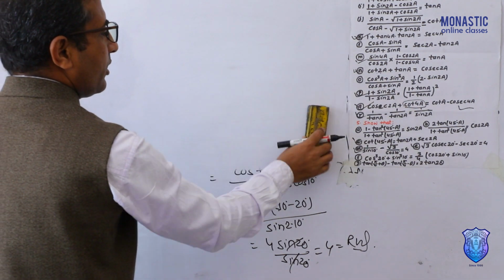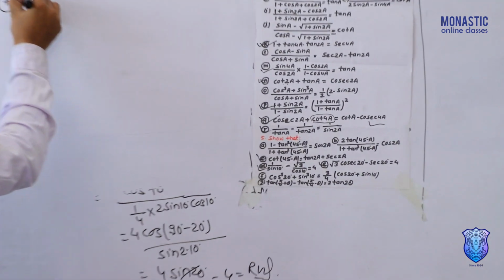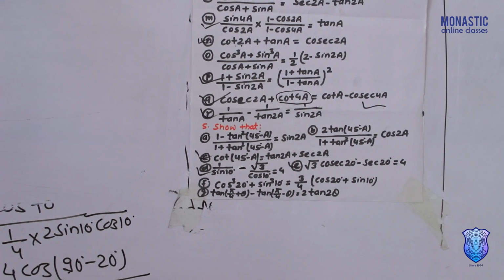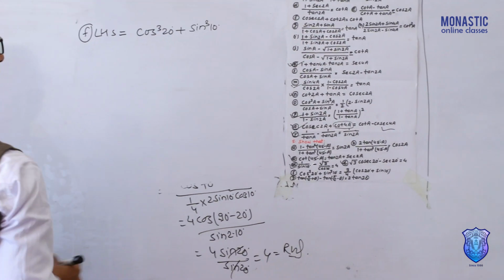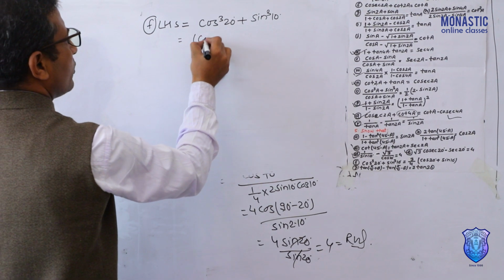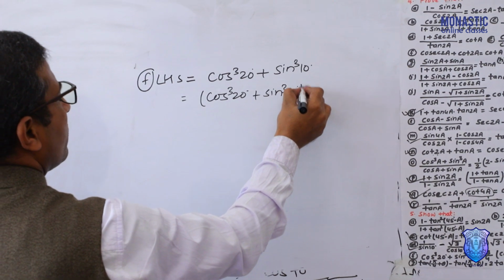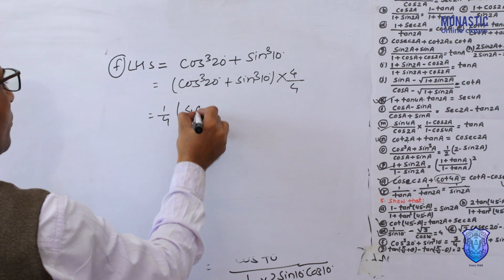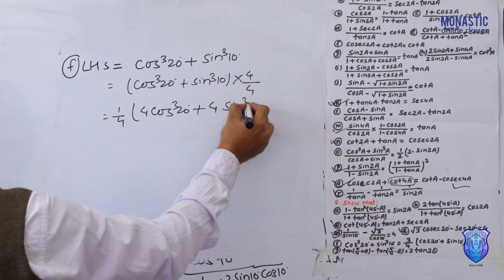Now in question number 5, F. Again, one of the important questions. In the denominator we need 4, but here there is no 4. So use 4 into 4. It came 1 by 4. 4 cos cube 20 plus 4 sin cube 10.